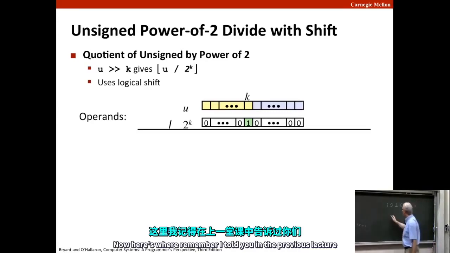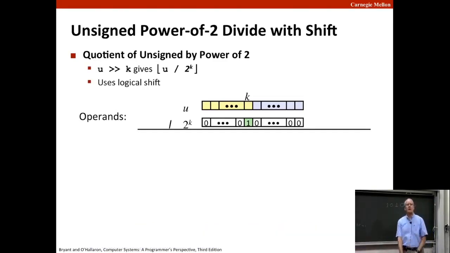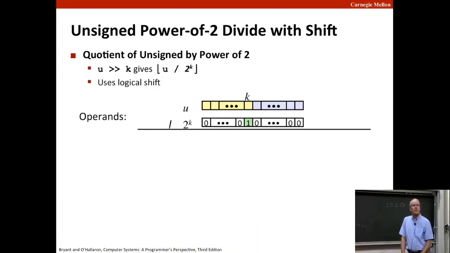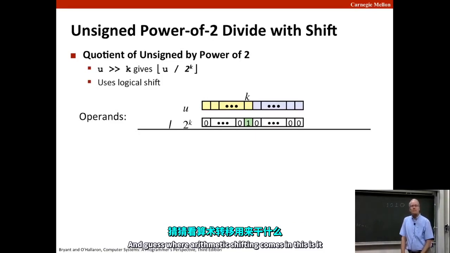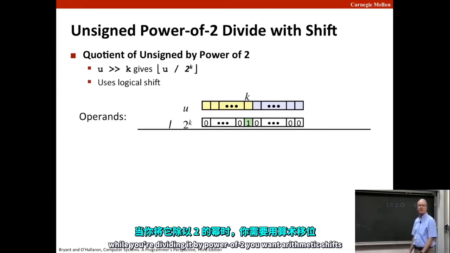right? Now, here's where, remember I told you in the previous lecture, there's 2 ways to do shifting. There's logical shifting, where you fill in with zeros, and arithmetic shifting, where you fill in with 1s. And guess where arithmetic shifting comes in? This is it. When you want to preserve the sign of a number while you're dividing it by powers of 2, you want arithmetic shifts.